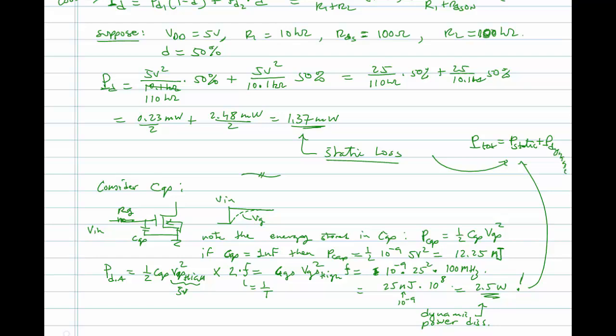Okay, and now you can see that the total power dissipation in a gate is a function not only of things like the voltage level of your logic, but also dependent on how fast your logic signals are switching. So as you go to higher and higher switching frequencies, clock frequencies on your processor, then you will have more and more frequent charging and discharging of all these parasitic capacitances, and that will lead to higher and higher power dissipations.